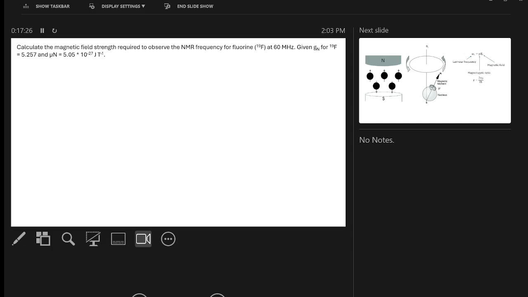Similarly, we can calculate this. We can separate out B from this equation. So I will write the frequency equals g_N mu_N B by h. Since we are asking for B, you can rearrange it, so B will be h times the frequency divided by g_N mu_N. So you can substitute all the values.